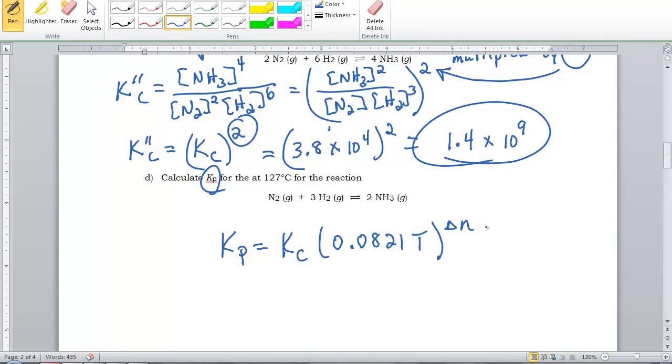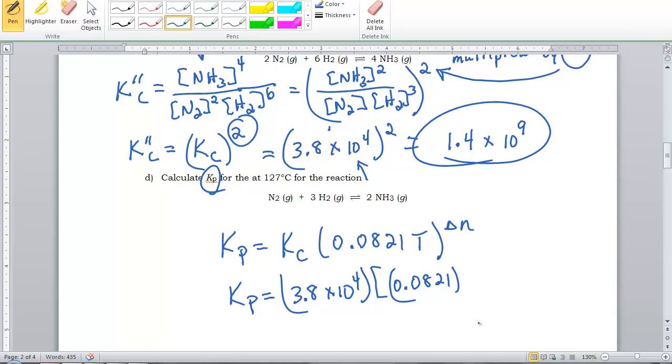In this case, we have our Kc for this reaction from problem 2a, which actually still happens to be written right there: 3.8 times 10 to the 4th. Times 0.0821. What's our temperature? 127. Add that to 273, 400 Kelvin. Remember, Kelvin by default.